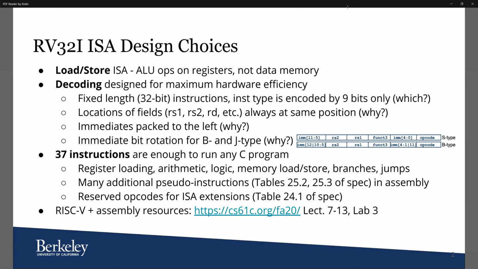Basically, if you have fixed 32-bit instructions, it's easy to decode because you know exactly the bit positions of everything for each particular type of instruction, and you don't need to shuffle bits around just to get to what you need. So it trades off a little bit of the storage required to store your assembly program for the efficiency in the hardware that decodes it.